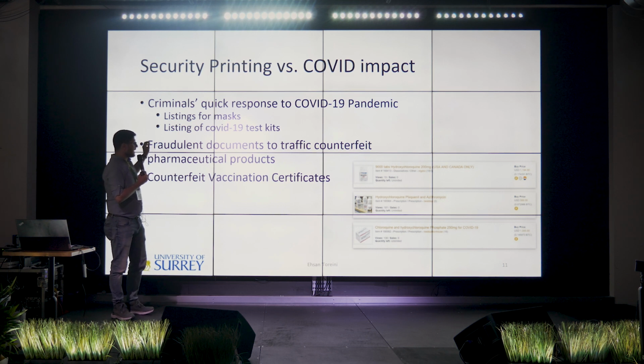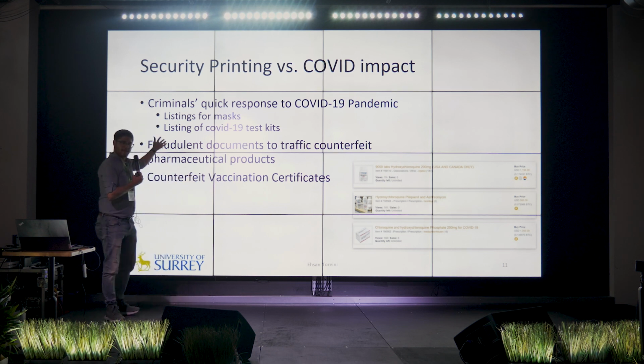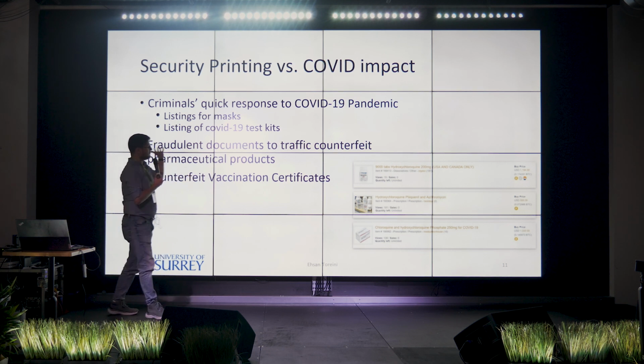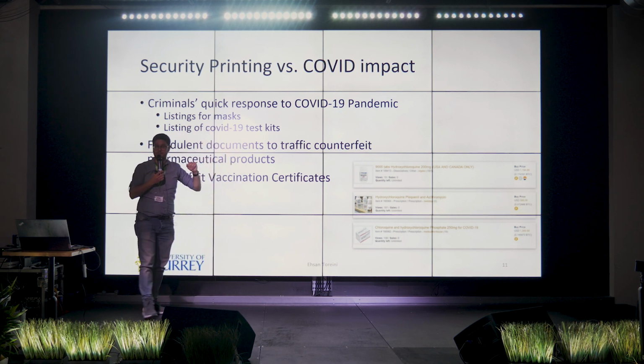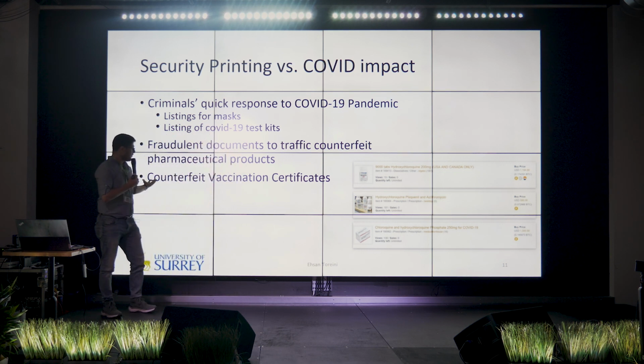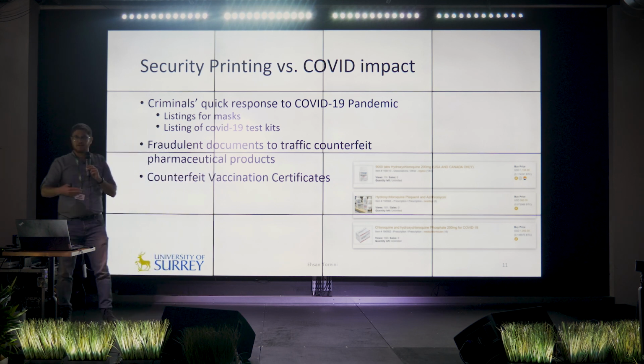After a few months, because the pandemic took a long time, they were creative and more daring. They were creating documents for trafficking counterfeit medicine.